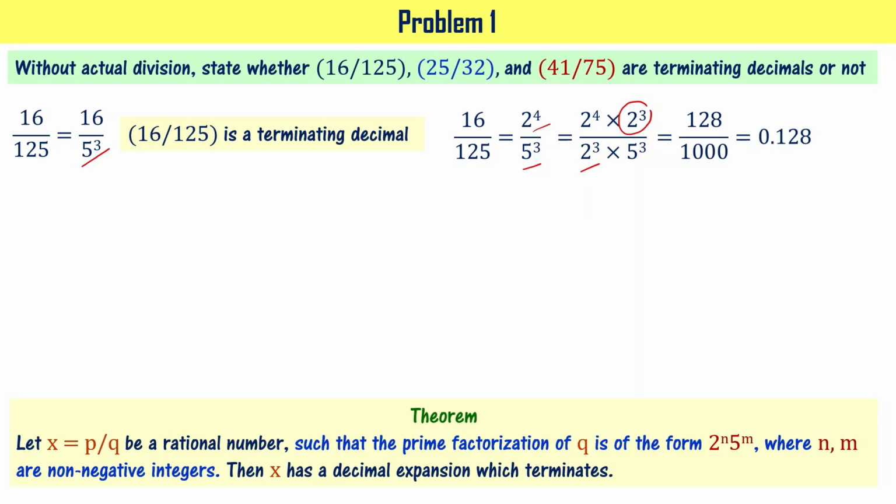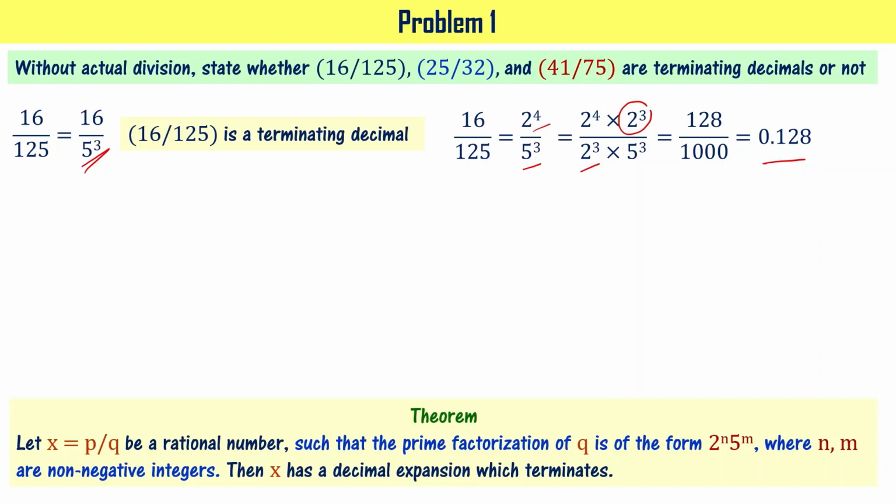That is going to be 128 by 1000, that is equal to 0.128. So you have seen, when you have 5 power n or 5 power m in the denominator, you have gotten a terminating decimal expansion for the number 16 divided by 125, right?